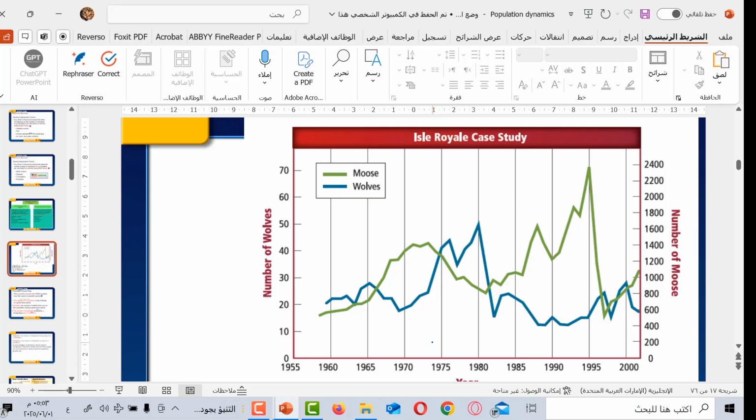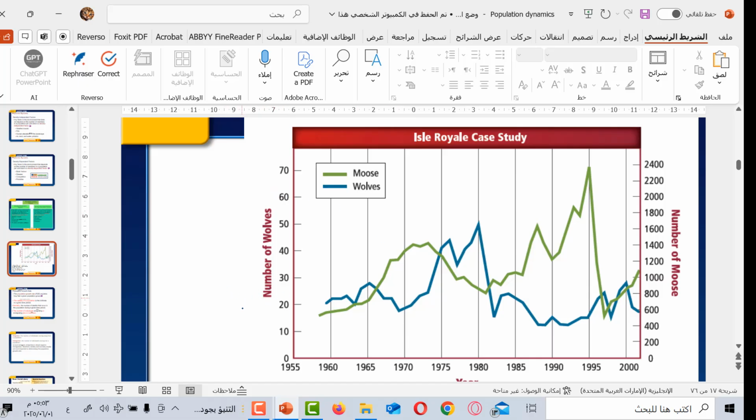أما دي ففي ارتباط ما بين الفريسة والمفترس. اوكي. العلاقة اللي احنا شايفينها دي، this relationship between number of wolves and number of moles. Be careful about this axis: number of wolves, number of moles, and this axis is number of wolves.